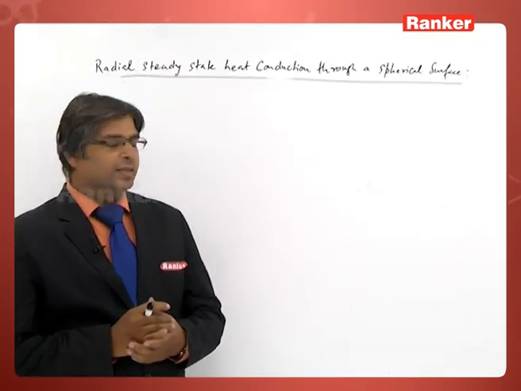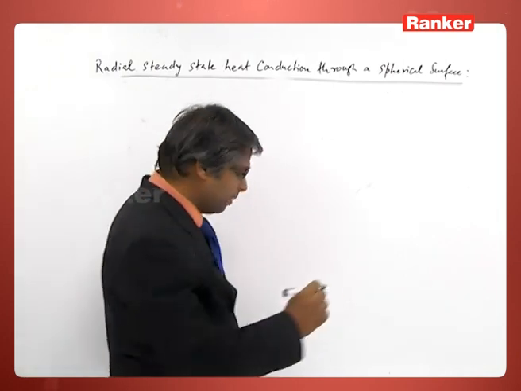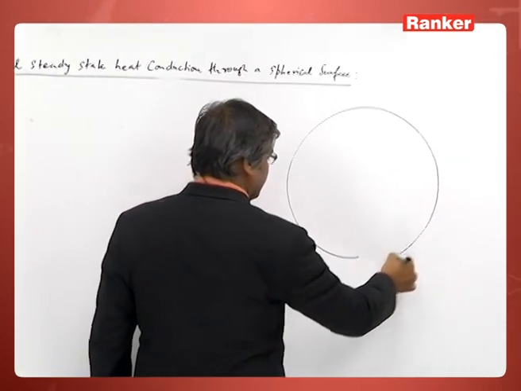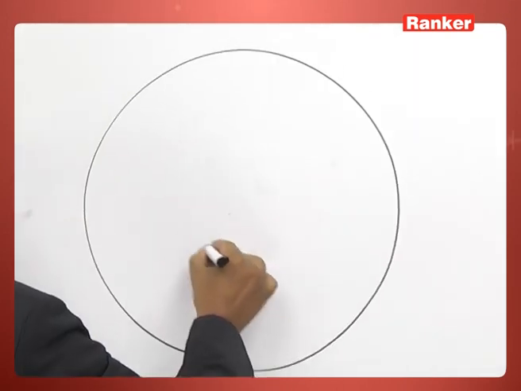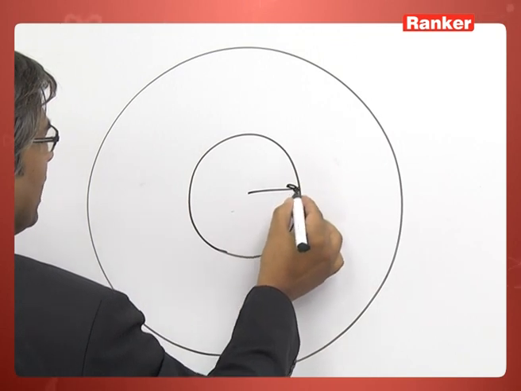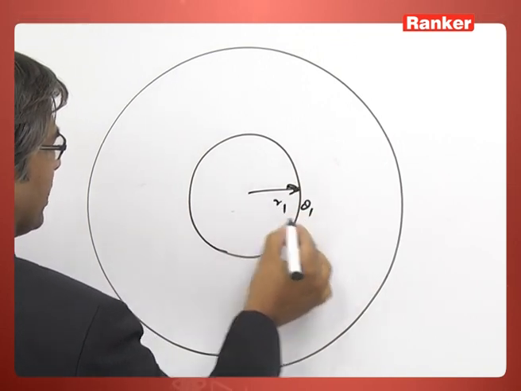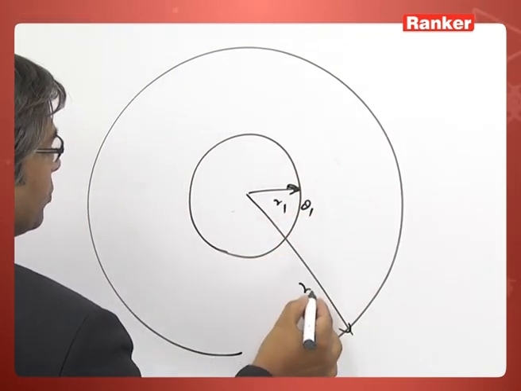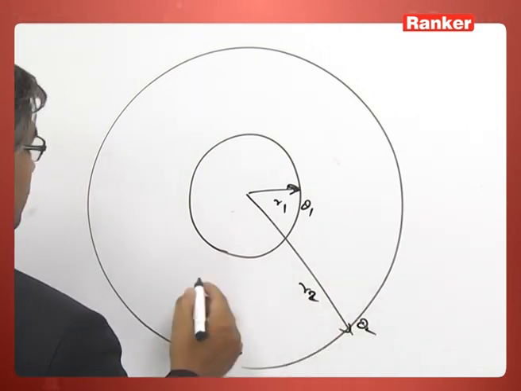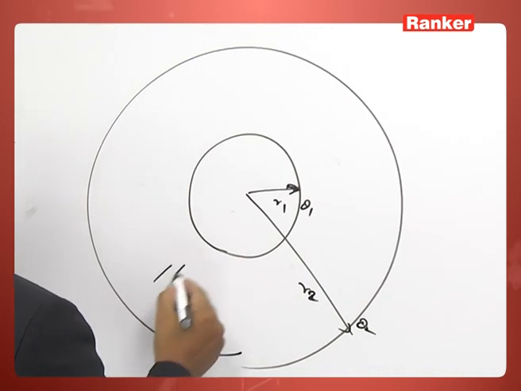Now, let us see one more example. Here I have again the same spherical conductor with R1 as the inner radius whose temperature is θ1, and R2 as the outer radius whose temperature is θ2.